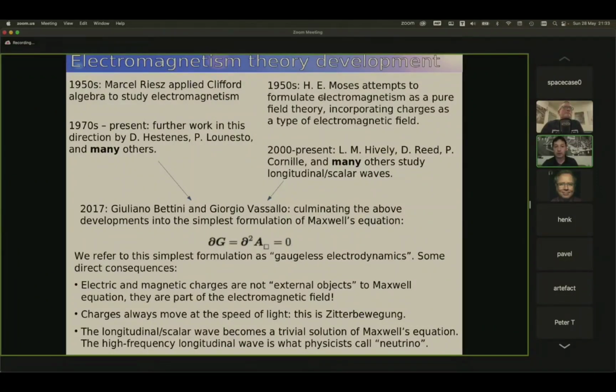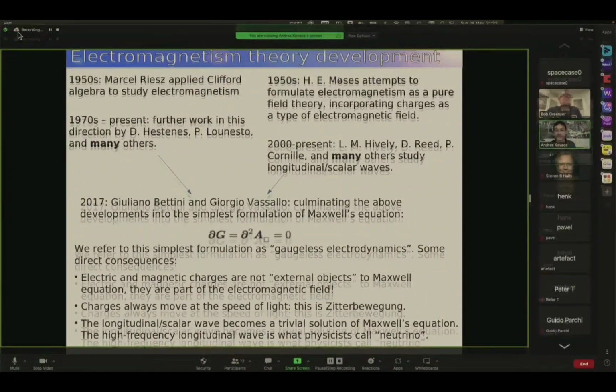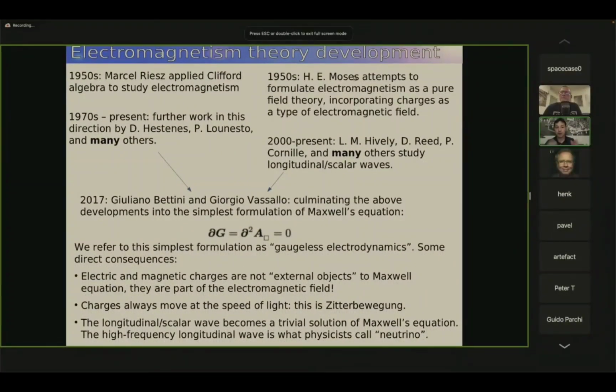Okay, the other important event in the 1950s is that a physicist, I think an American physicist called Moses, attempted to formulate electromagnetism as a pure field theory, meaning that he wanted to work with field objects that incorporate both charges and electromagnetic fields, so that charges would not be separate and external from the theory. And well, he had some success, but it did not become mainstream.